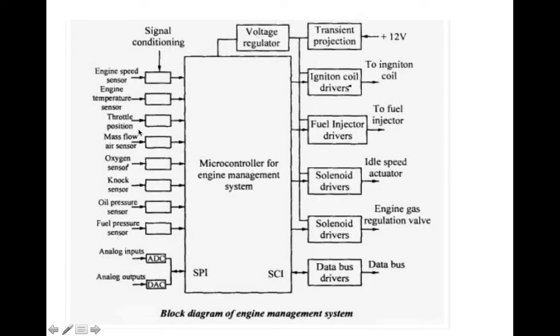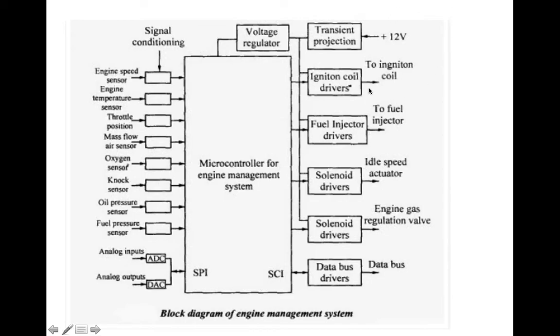So what is the use of these sensors? What exactly is happening here? A sensor is a device that continuously monitors the output parameters. For example, the engine is producing a temperature, say 200 or 300 degrees. You are supposed to measure that particular temperature, then only can we understand and control the system.